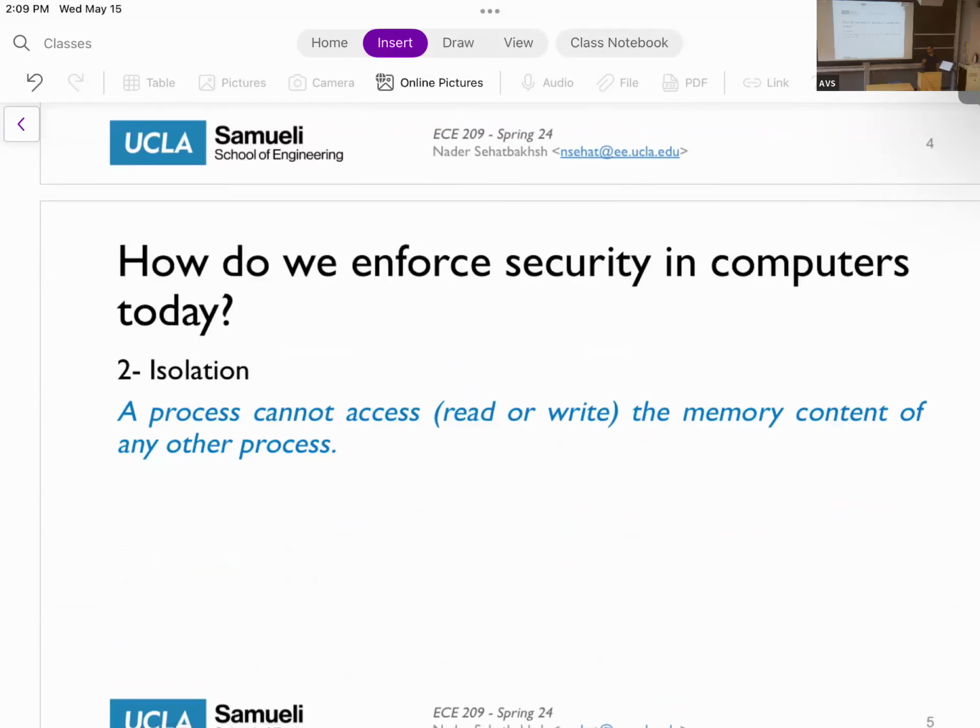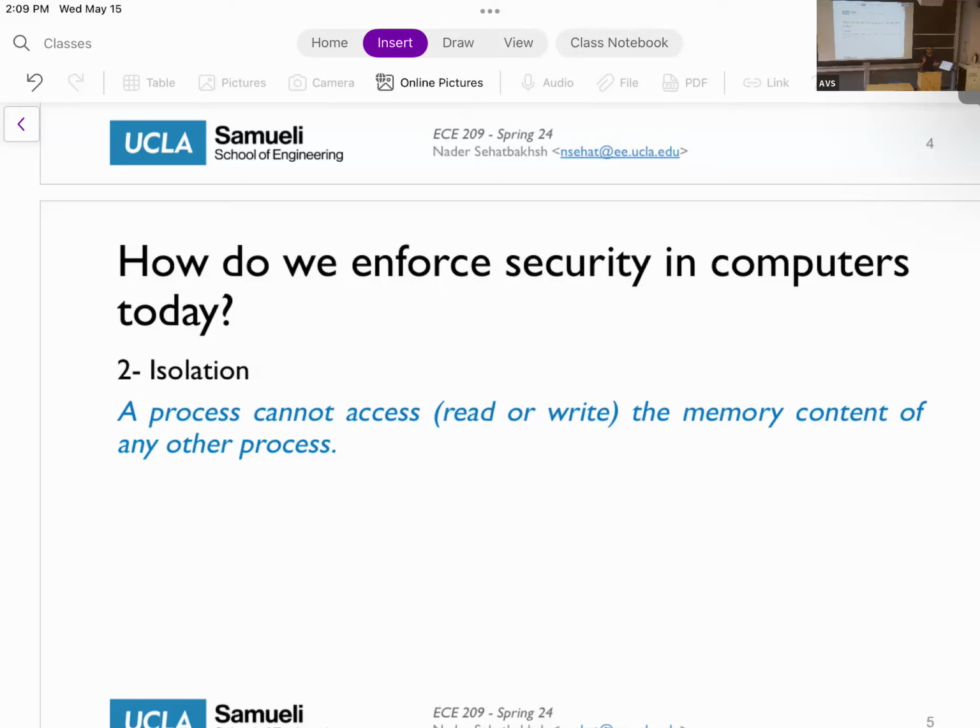The second thing, which is the most important aspect of any of these computer systems in order to achieve security, is the isolation principle, which essentially means every process has its own user space, its own memory space, and cannot read or write other parts of the memory if they don't belong to that particular process.